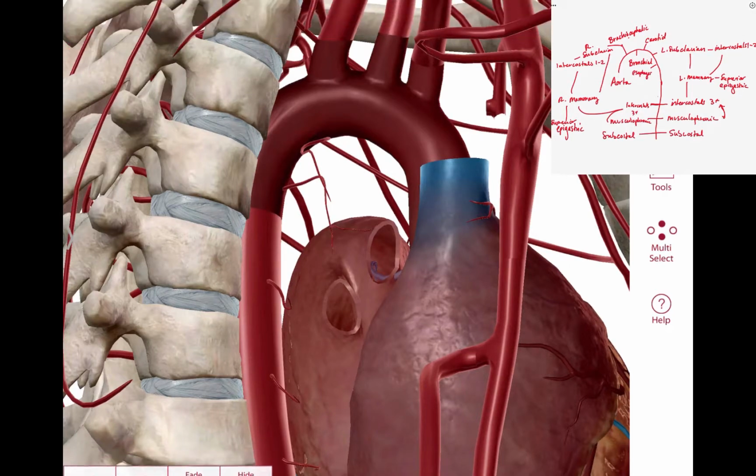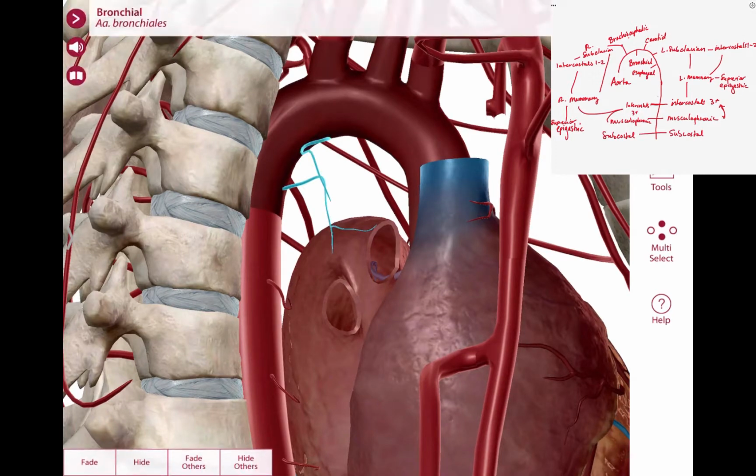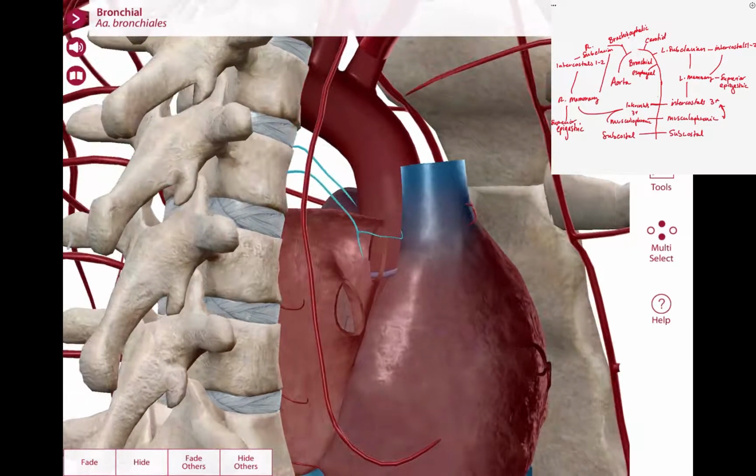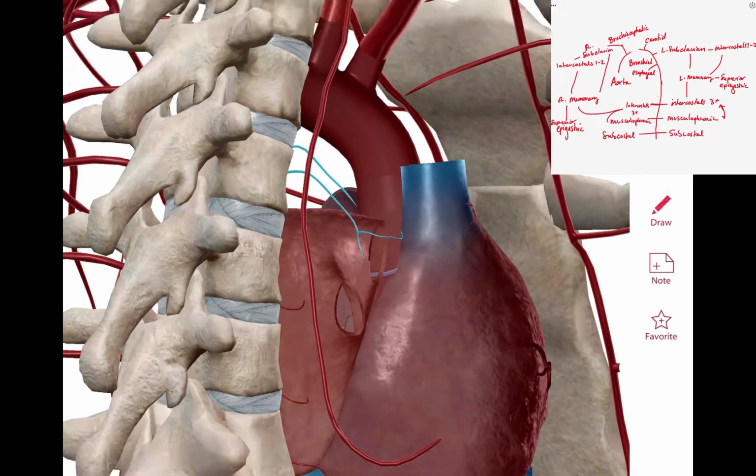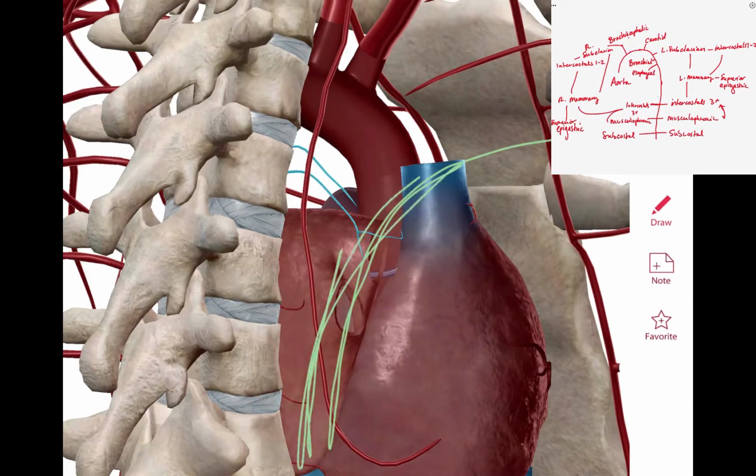And you'll see that you've got some arteries right here. They're coming off just where the aortic arch starts to descend. And where they'd go to is, if there was a lung here, the lung would be right here.